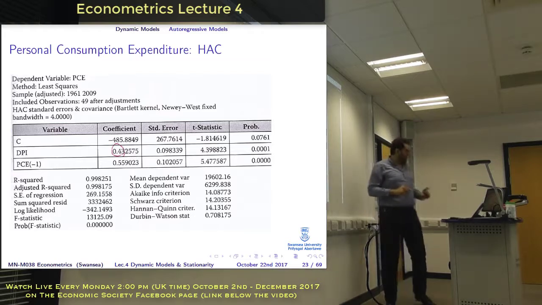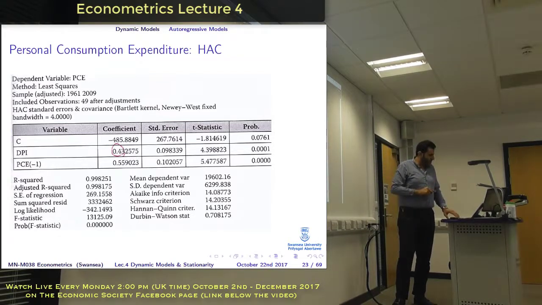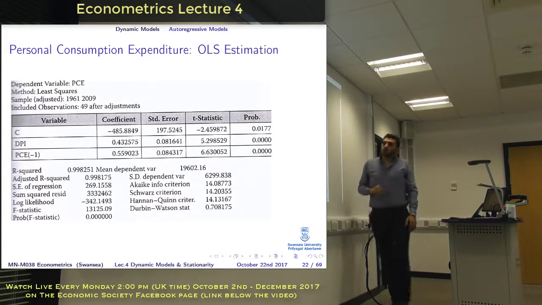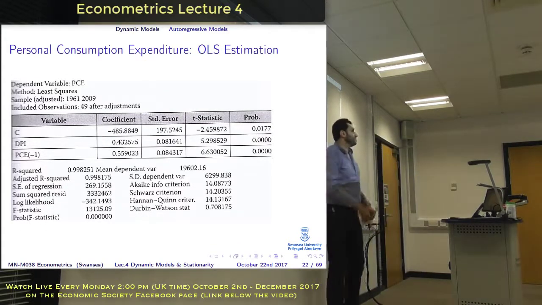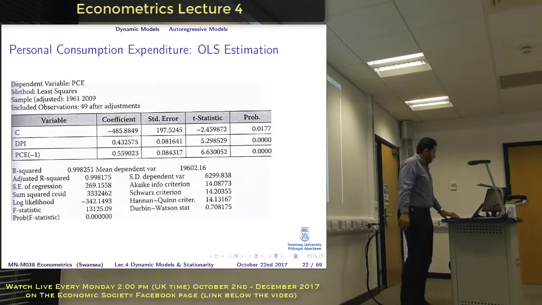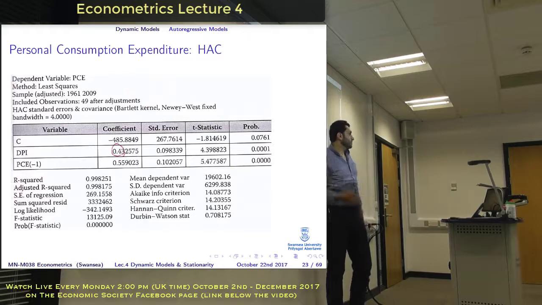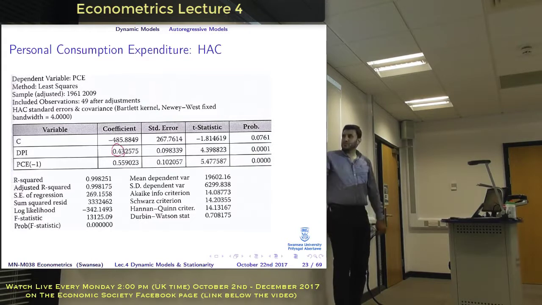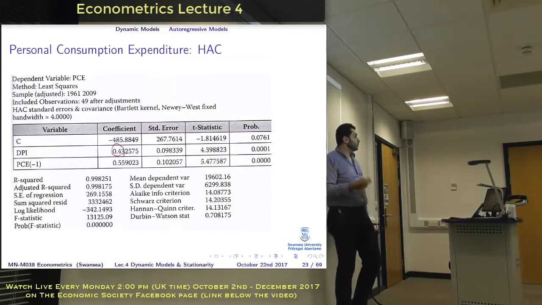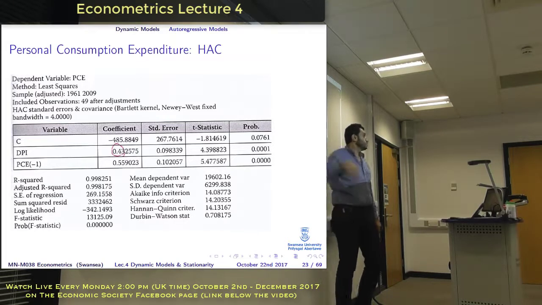So before we go to the other problem to see what we would do, let's compare these two estimations. These should have the same coefficients. If you look at these two coefficients, they are the same. What is different is the standard errors. These are corrected standard errors for serial correlation, and that's the only difference between these two estimations.